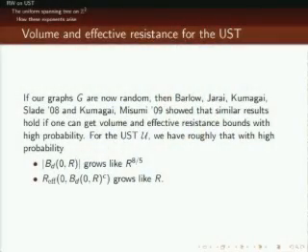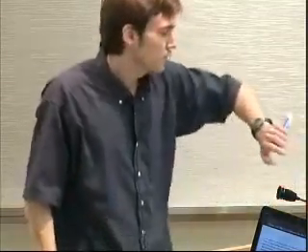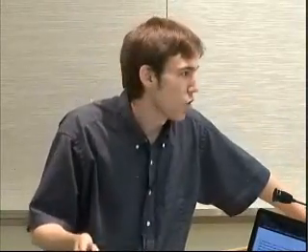So for the uniform spanning tree, we have roughly, and I'll make a precise statement of that, that with high probability our volume grows like r to the 8/5 and our effective resistance grows like r.